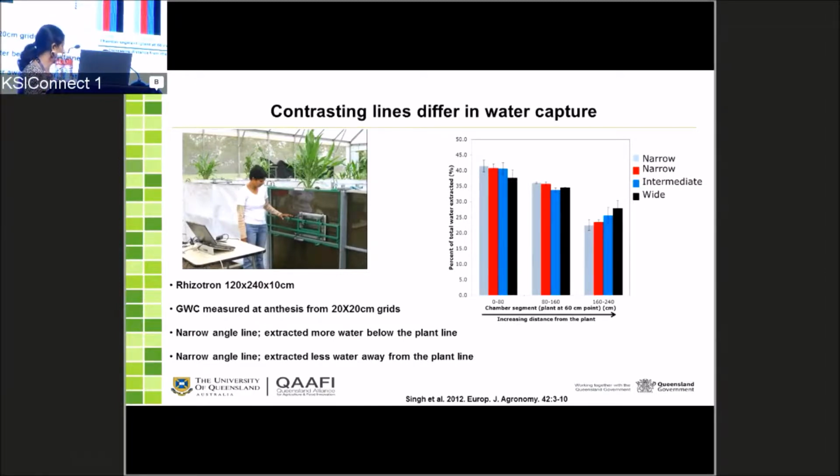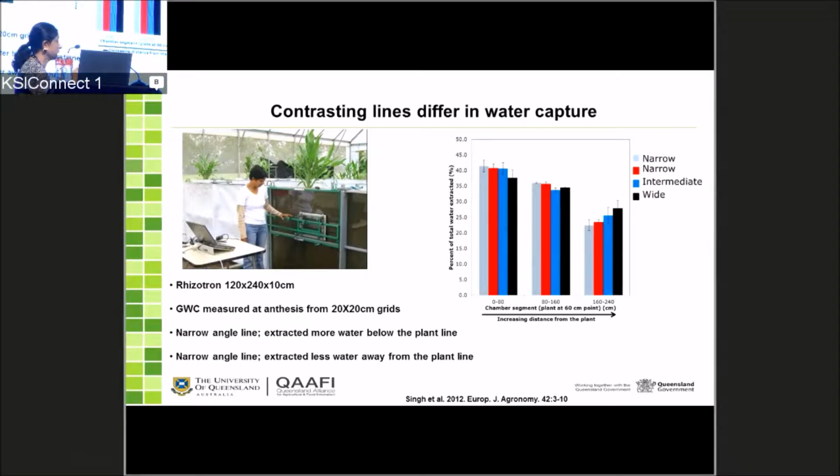The x-axis is distance from the plant line and the y-axis is the percent of total water extracted. 0 to 80 is just below the plant line, and 160 to 240 is furthest away from the plant line. The light blue bar and the red bar represent the narrow angle line, and the black bar represents the wide angle line.